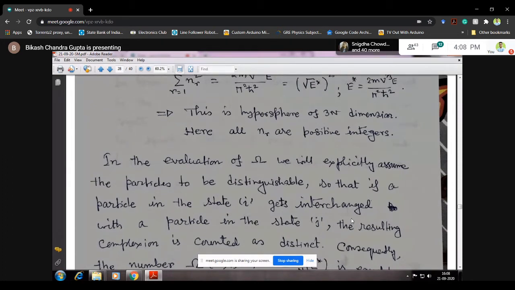Only when n1, n2, and n3 are positive integers will each corner point correspond to a microstate.